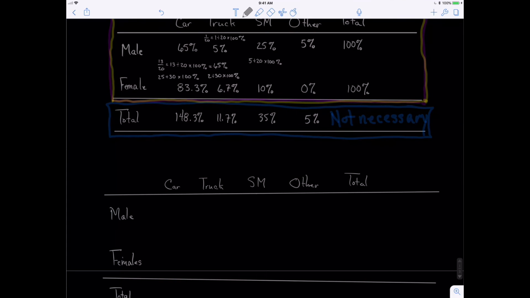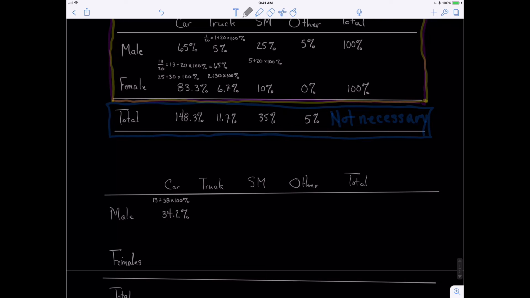So for the males I have 13 38ths, which is 13 divided by 38, multiplied by 100%. And I've already done that for you. The result is that 34.2% of cars are driven by males.